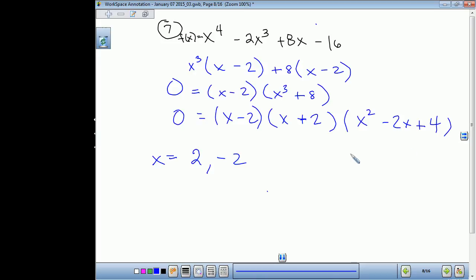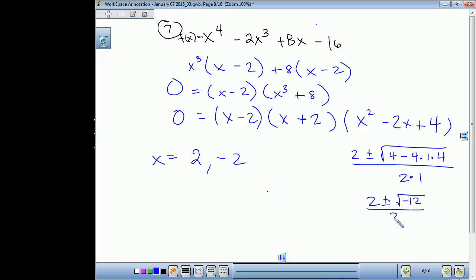Quadratic formula. So we'll do negative b plus or minus the square root of b squared minus 4 times a times c, all over 2 times a. So we get 2 plus or minus the square root of 4 minus 16, which is negative 12. That's an i. It's just different.